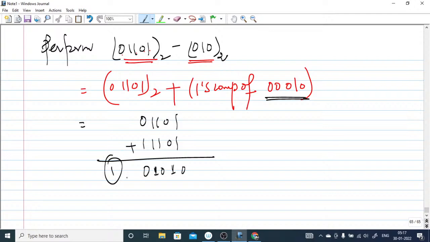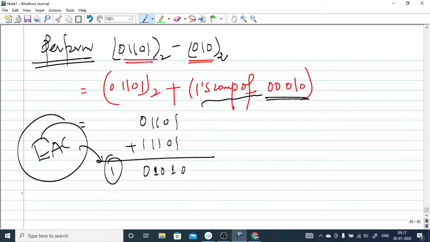So whenever an extra carry is there and you are performing subtraction between two binary numbers with the help of 1's complement, this is the end around carry, EAC. To get rid of this carry, you have to add it back to the result.